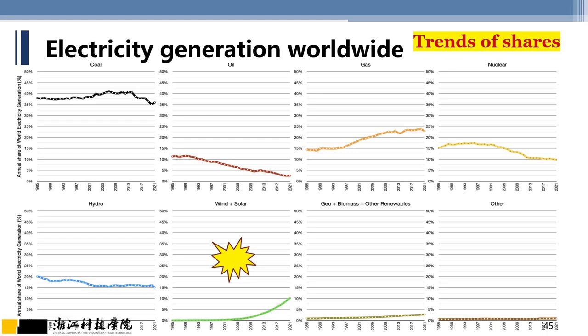For other renewables, it also increased gradually in these years. These are the shares of electricity generation from different energy sources.